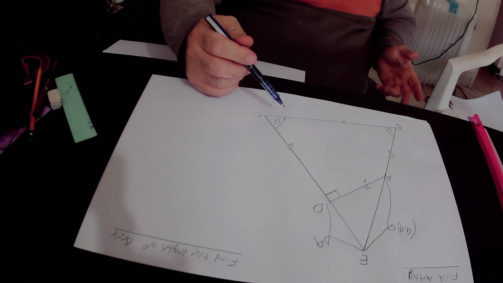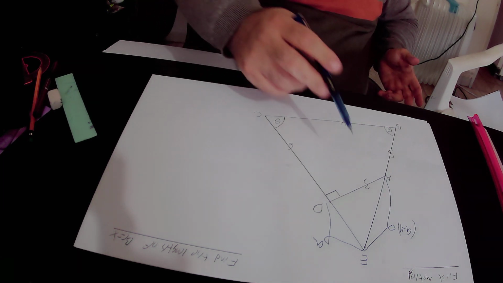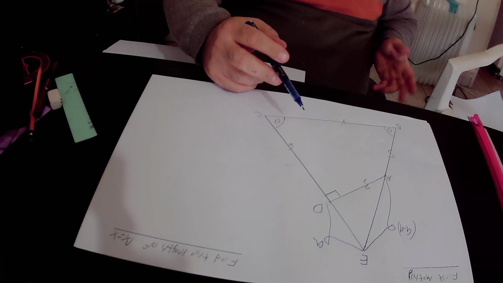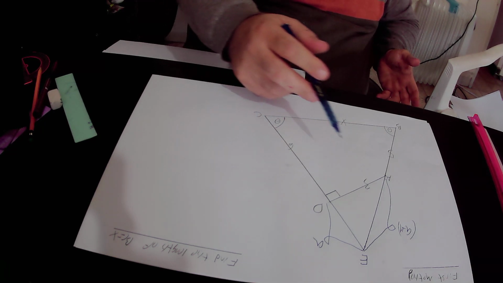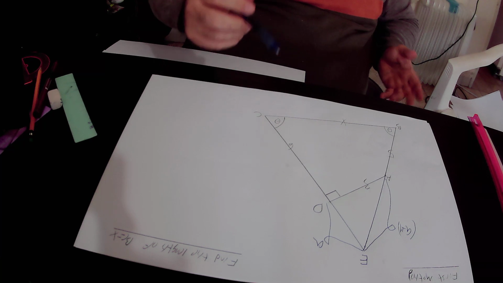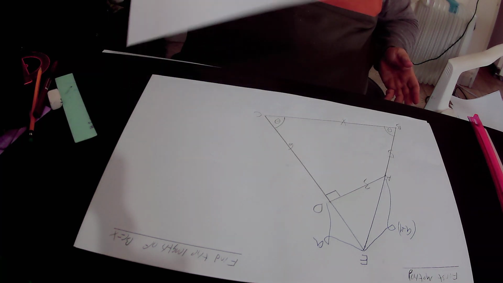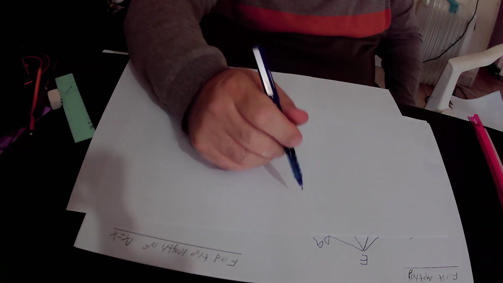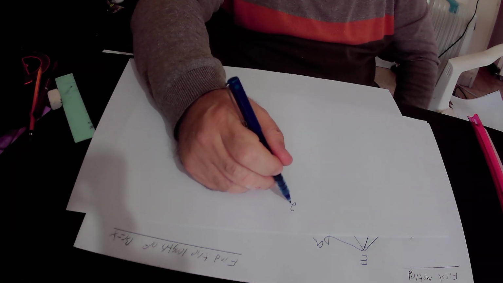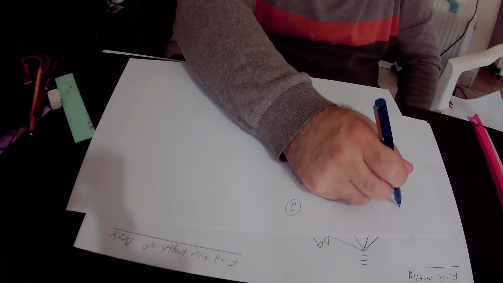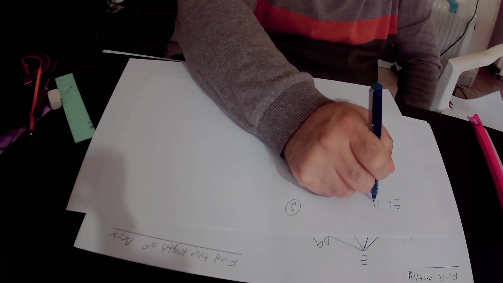For that reason, only for that reason, EC is a straight line. In addition, EC is one side of triangle EBC, therefore it is absolutely a straight line. Okay, so we can write down that line segment EC is a straight line.